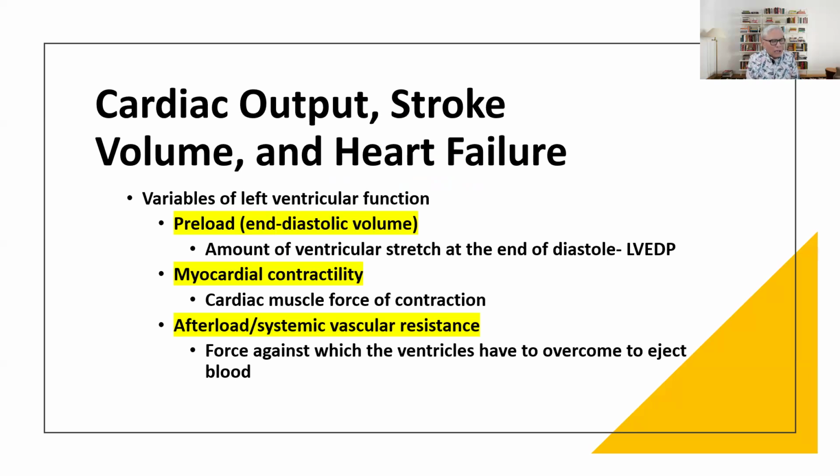Now, cardiac output is determined by the influence of preload, myocardial contractility, and another physiological parameter called afterload. Afterload is also known as systemic vascular resistance.